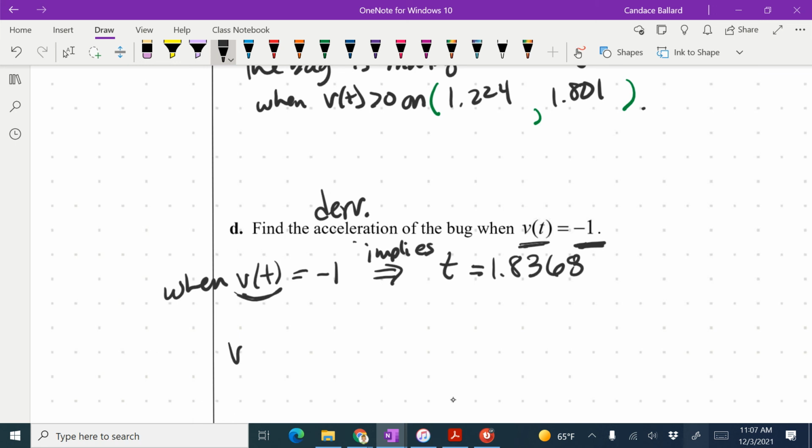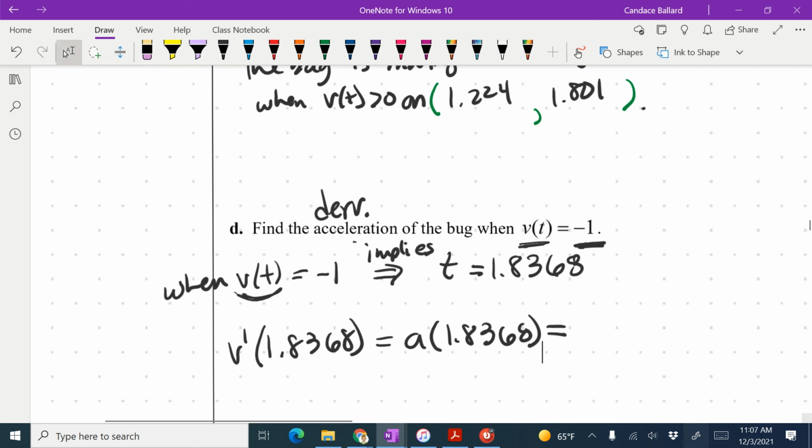Take the derivative. So I'm going to take the derivative and plug in this 1.8368 into that, which is also representing the acceleration at that point. Again, a lot of notation, not a lot of written work when we're doing the calculator.